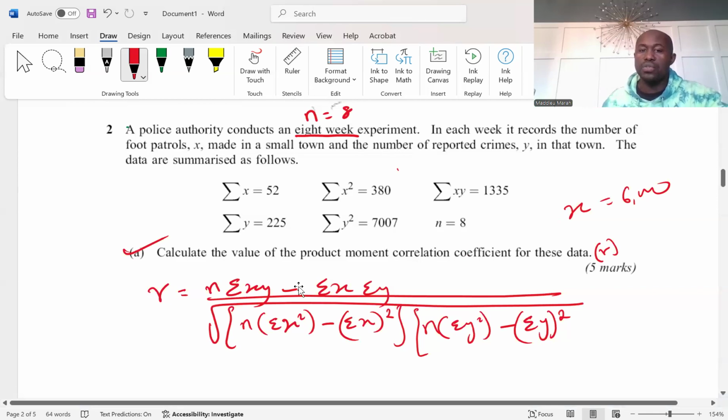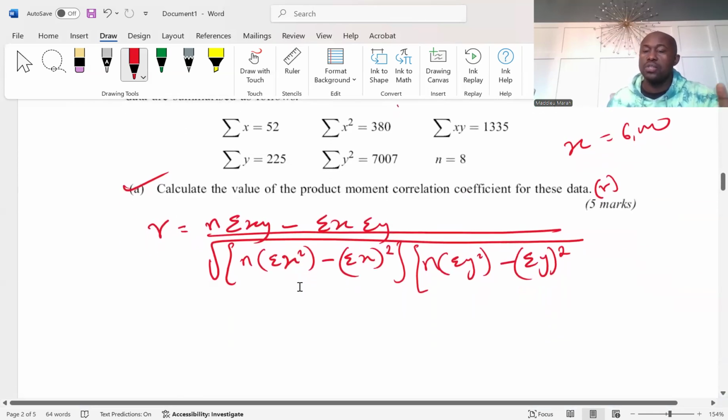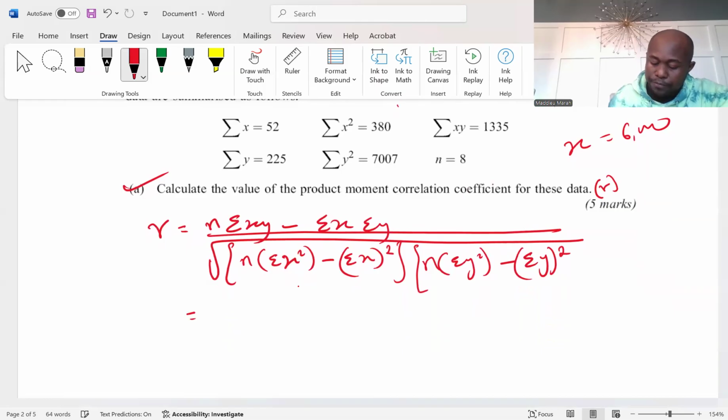Now I bring in my values. I already have the values, which makes life easy for me. What's my N?